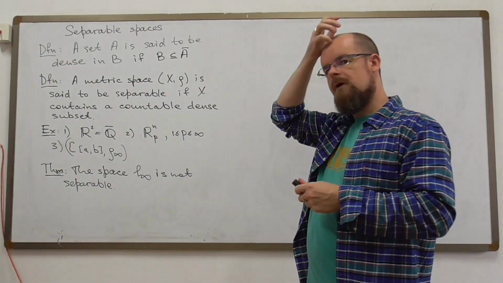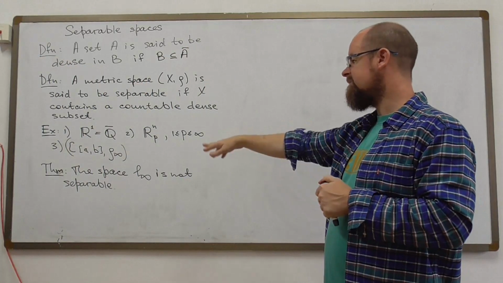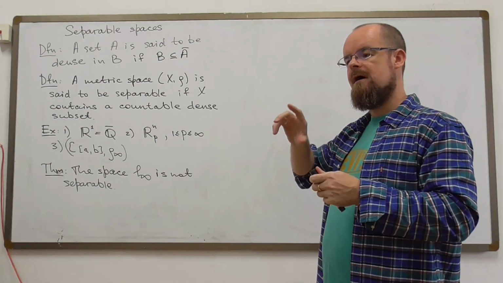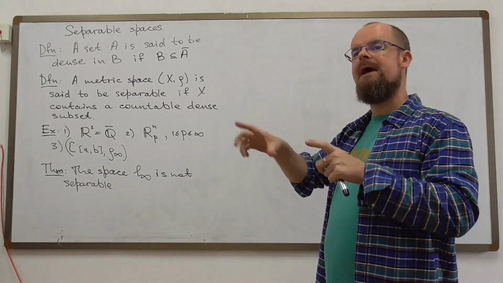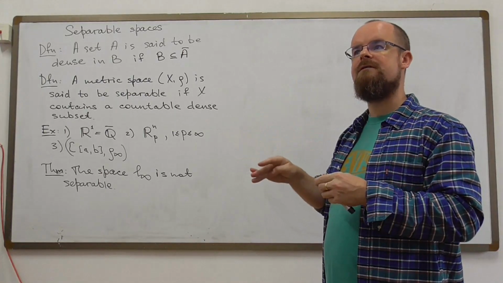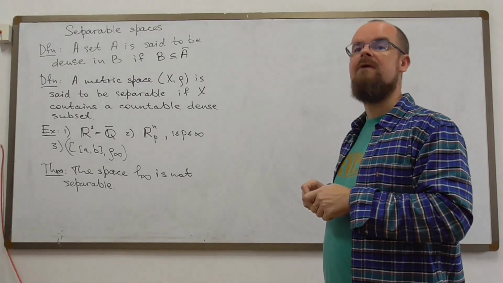So to prove this, we will construct an uncountable subset of L infinity such that the distance between any two elements of this set is half, or even 1.